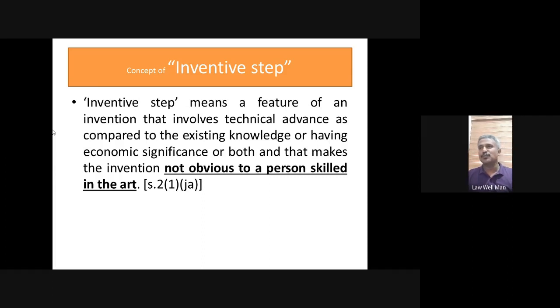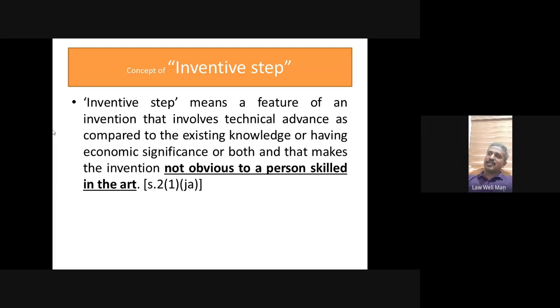On the contrary, if you show this particular invention to the person and ask, is this something which you would have made? He says, no, I could not have made this. Considering the present technology, there is substantial difference between the present technology and what the person is claiming. So if it is not obvious or foreseeable to a person skilled in the art, then definitely that has got inventive step.